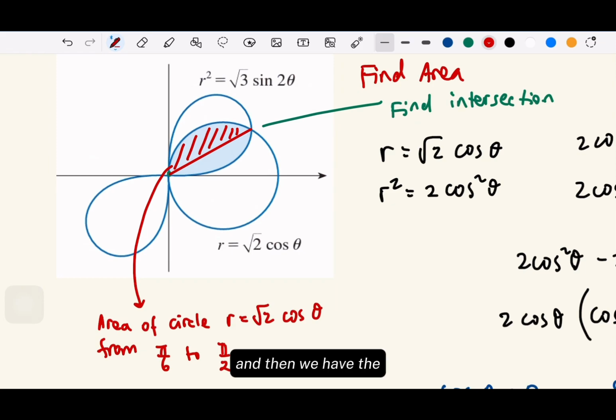And then we have the bottom one here, right? So the bottom one is from the area of the Leibniz scale, this one, okay? From 0 to pi over 6.